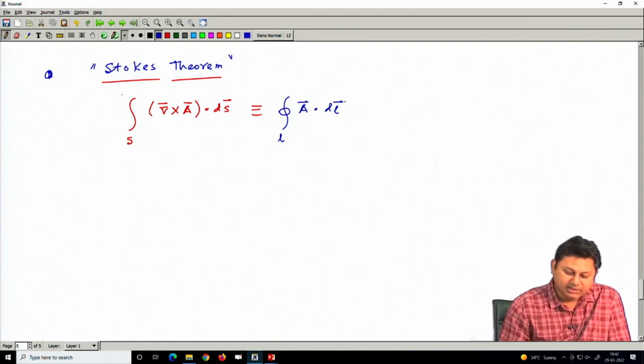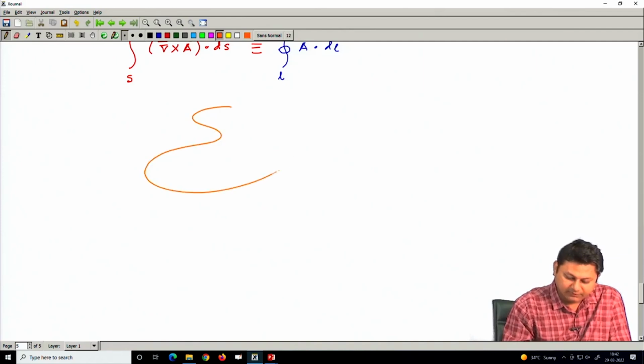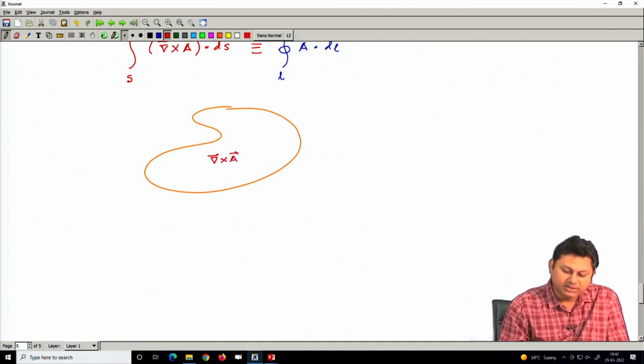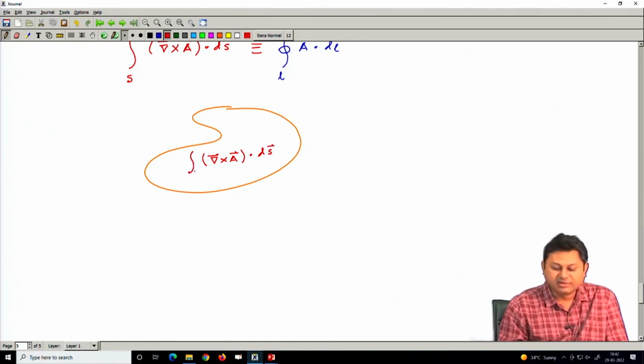And what is the line? The line which is encircling the surface. That means, if this is my surface, suppose this is an arbitrary surface and I calculate the curl of A, which is a vector quantity, and then I calculate the flux of this quantity over the surface.